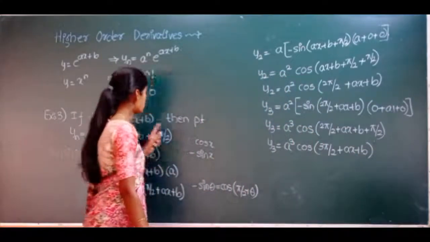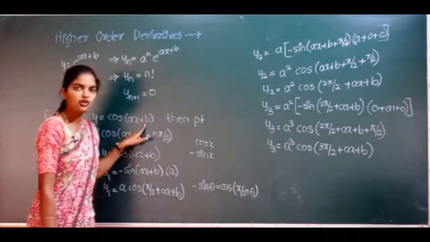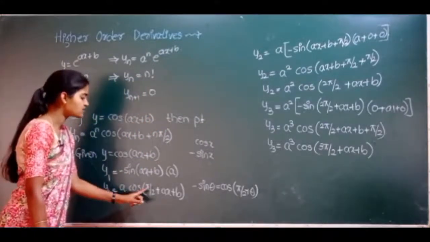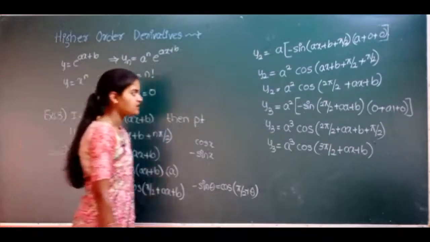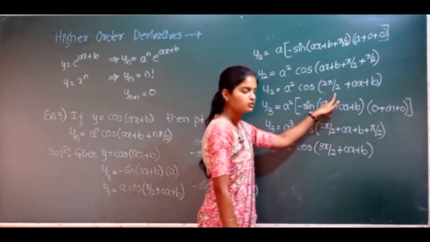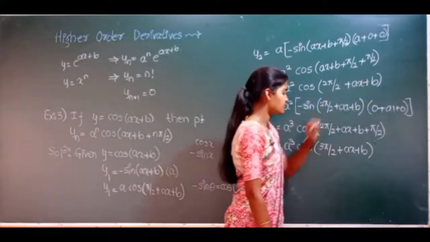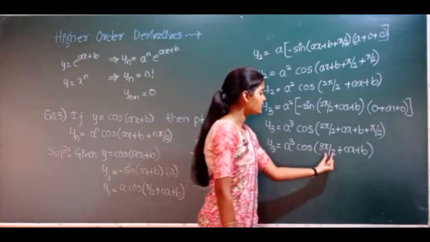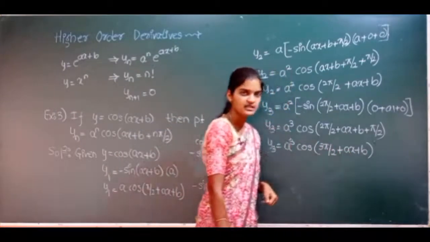See, for the function cos(ax + b), we have got the first three derivatives: y1 is a cos(pi/2 + ax + b), y2 is a square cos(2 pi/2 + ax + b), similarly y3 is a cube cos(3 pi/2 + ax + b).